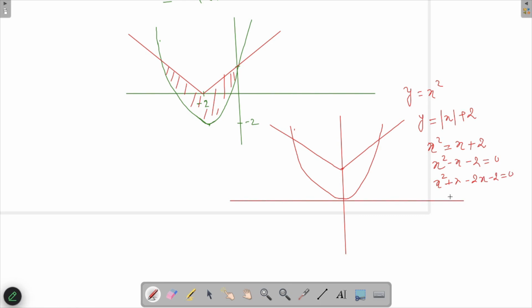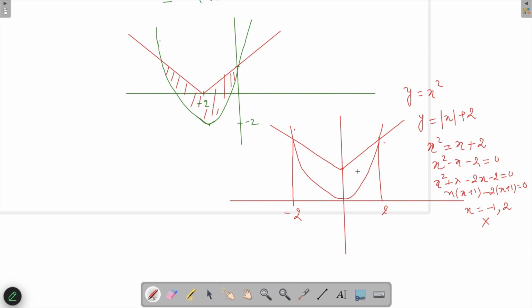This will be cutting at minus 1 and 2. Minus 1 would be rejected because I have taken x to be positive. So all it means is that this point will be 2, and this similar point will be minus 2.